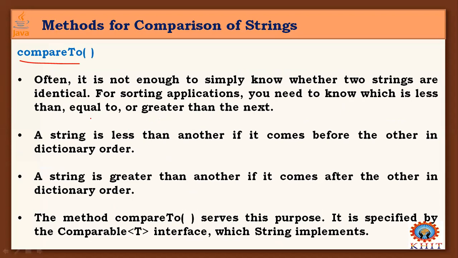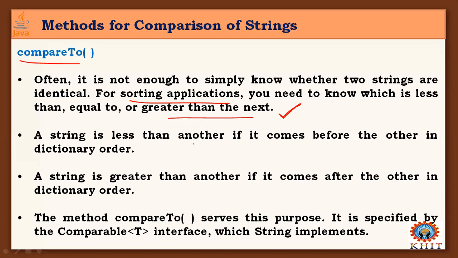This is mainly used in sorting applications, where we need to know which string is less than, equal to, or greater than the next one. The previous methods are not helpful for these applications.